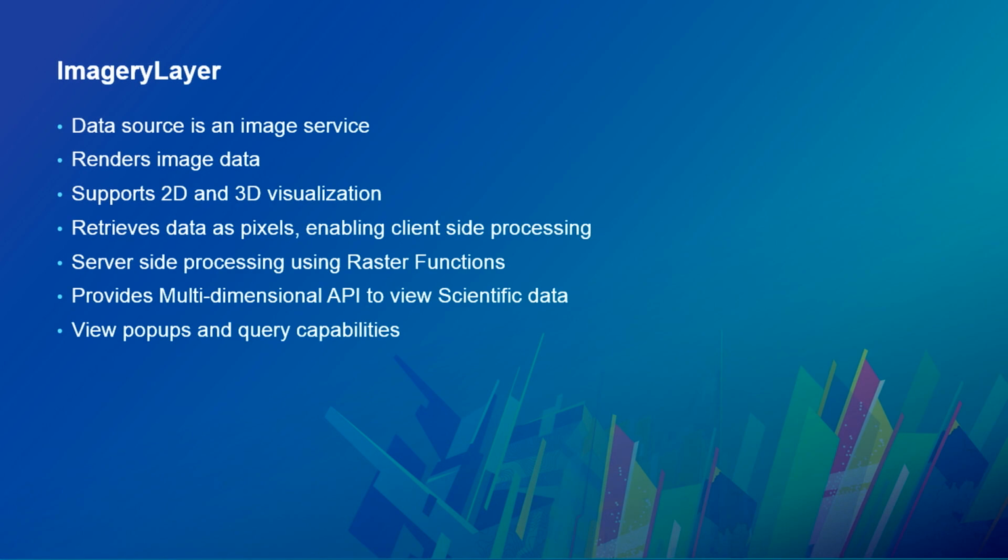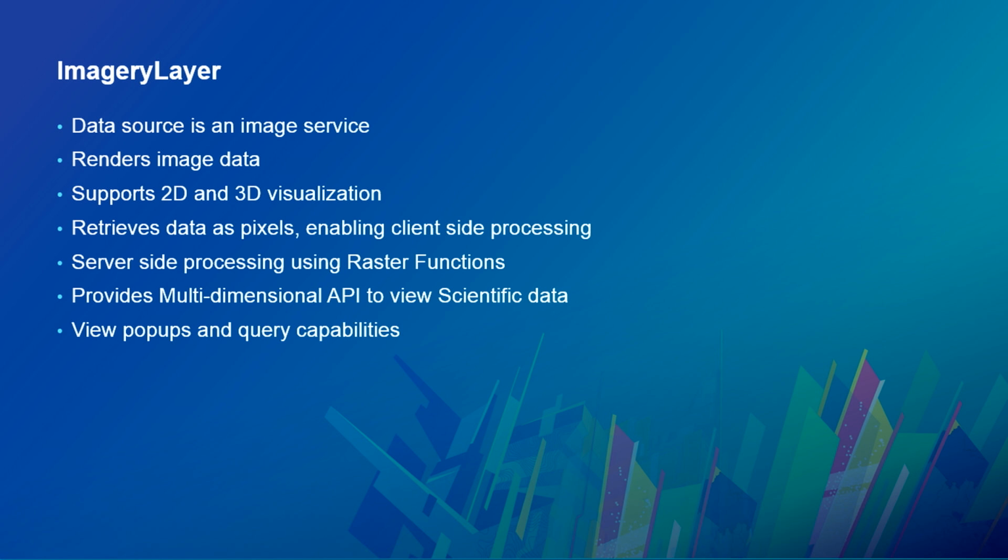Coming to the imagery layer in 4X, in the JavaScript API, that is really a wrapper around the image service. So the data source for the imagery layer is the image service, and it allows you to use that image service as a layer within your map or scene. So it supports both 2D and 3D visualization.